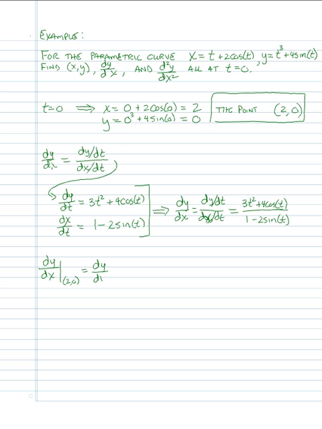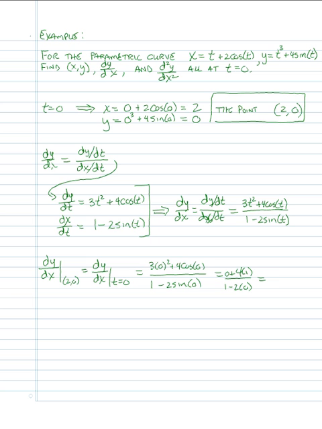But in this case, we have our derivative defined in terms of t, so we're evaluating it at a t value of 0. So we simply do some calculations here. We would have 3 times 0 squared plus 4 times the cosine of 0, divided by 1 minus 2 times the sine of 0. In the numerator, we end up with 0 plus 4 times 1, and the denominator is 1 minus 2 times 0.